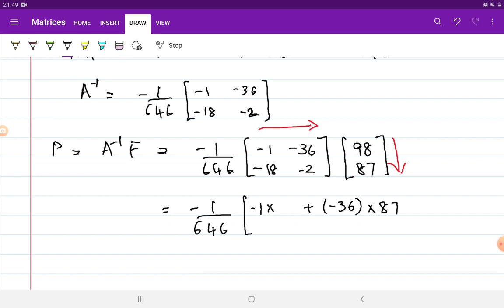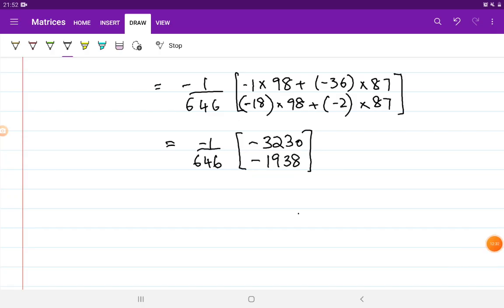That's minus 1 into 98 plus minus 36 into 87, and the second term in the column will be minus 18 into 98 plus minus 2 into 87. You again need to use your calculator for this.